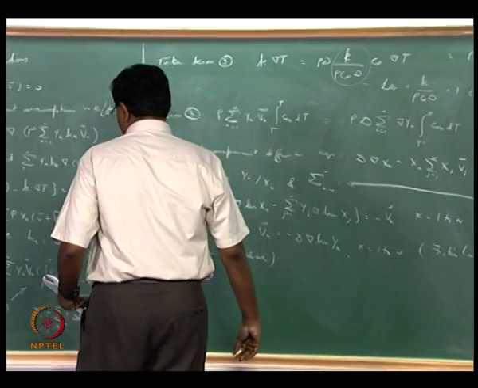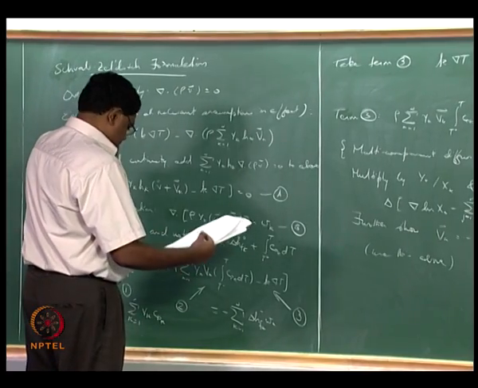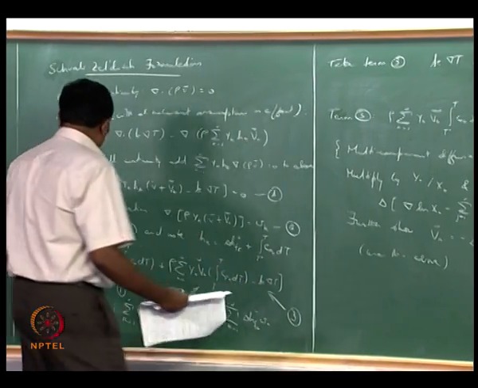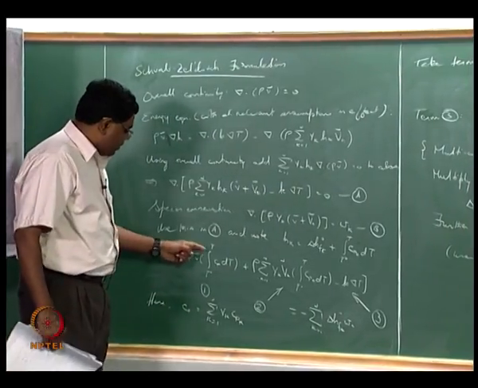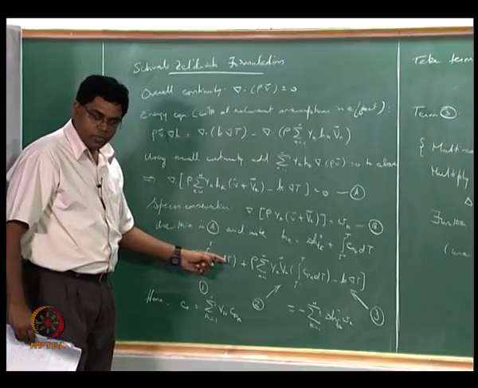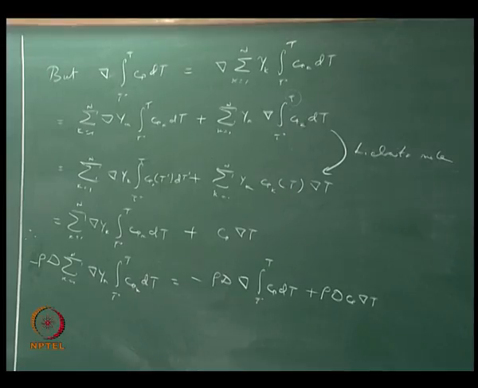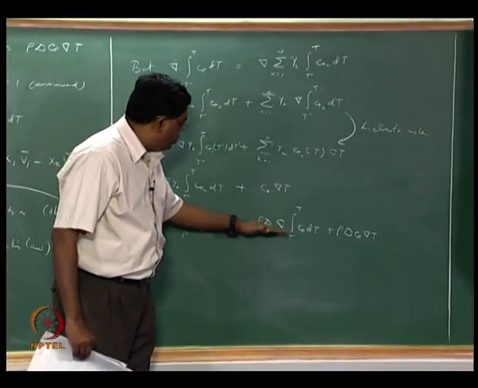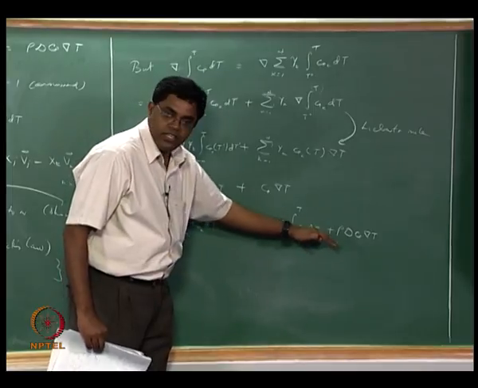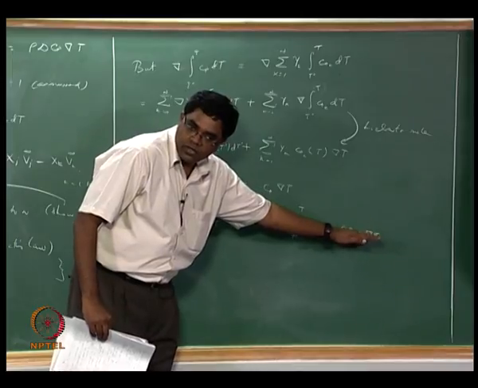Good. Then what happens? Try to put all these things together, right. So we have the first term as it is, rho v integral T naught to T Cp dT, okay. The second term is the one that's been giving us a little bit of a problem, and that's now looking like effectively two terms, that is minus rho D grad integral T naught to T Cp dT plus rho D Cp grad T, okay.